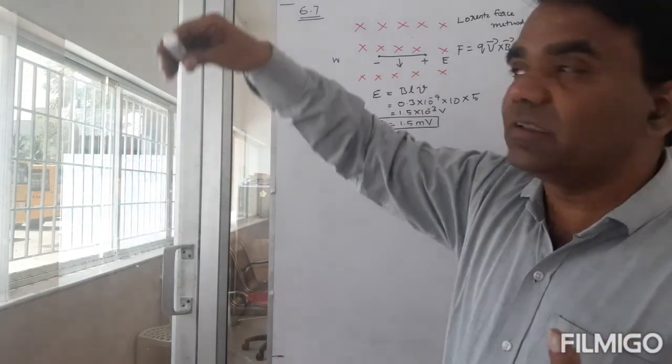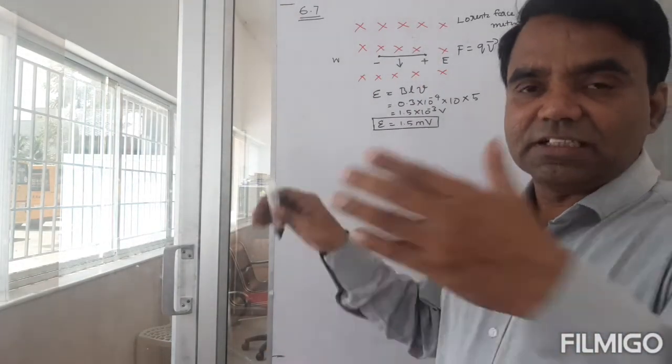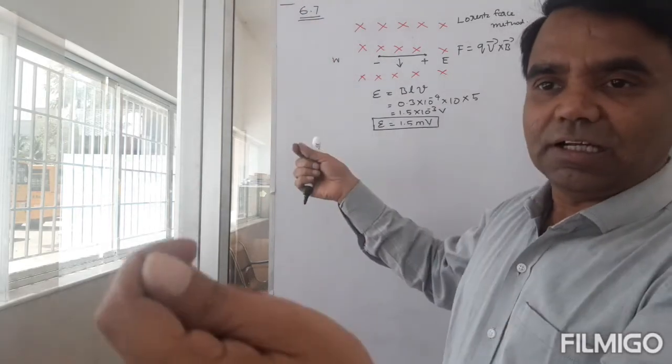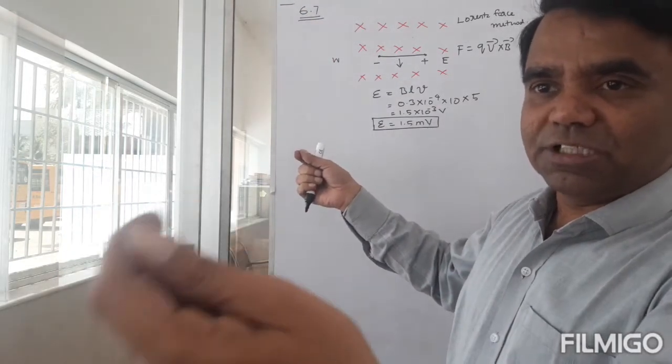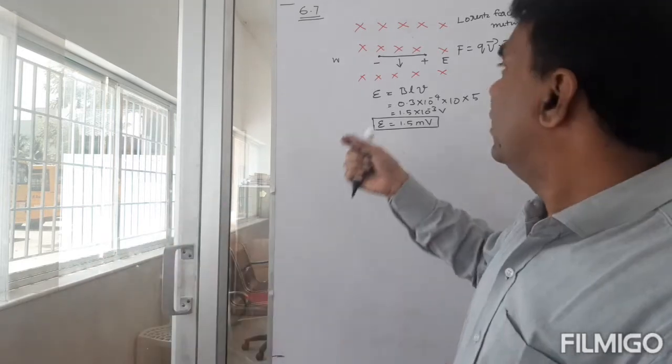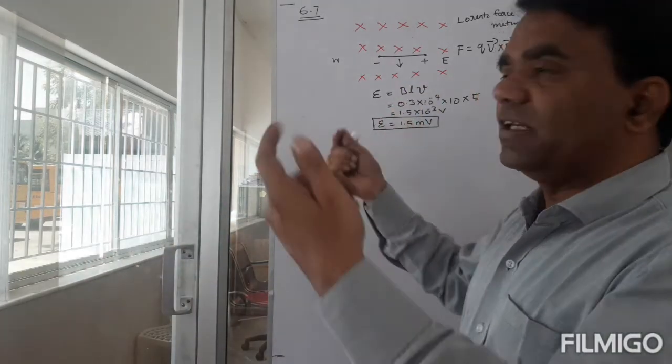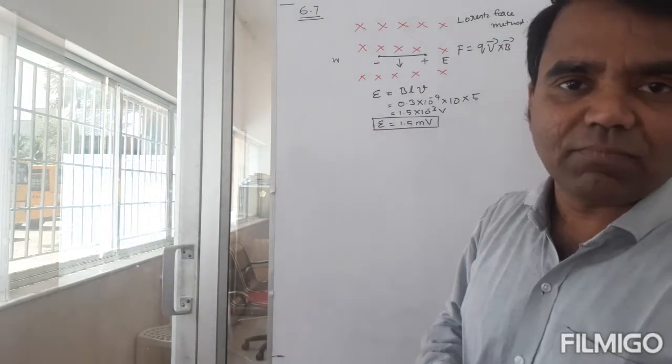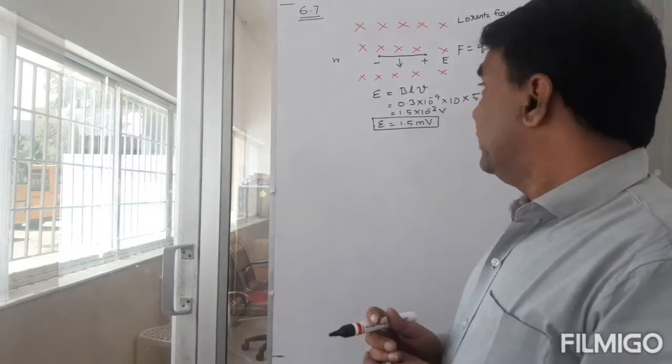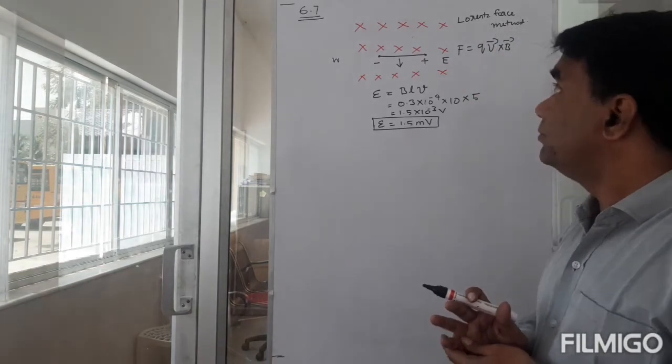So just take a 10 meter wire, just drop it, and you can measure a potential difference of 1.5 millivolt like this. Okay, hope this is clear to you.